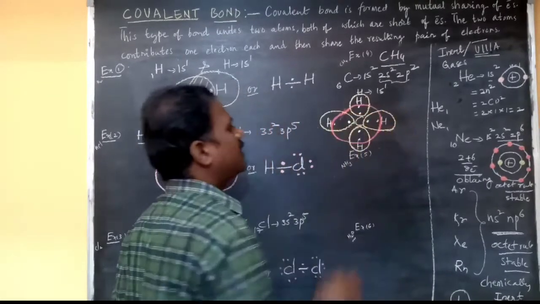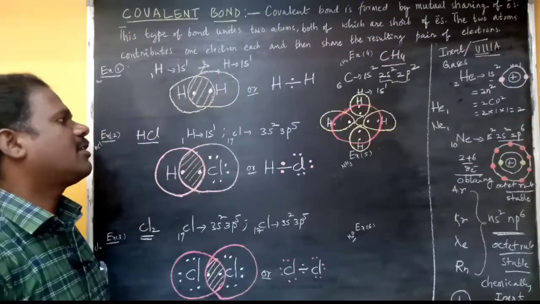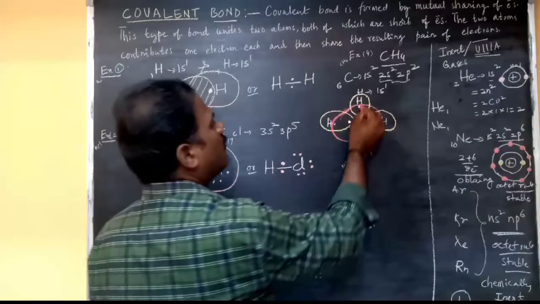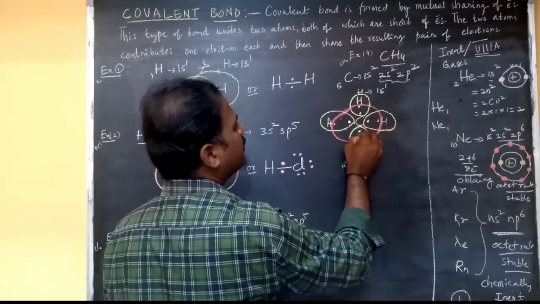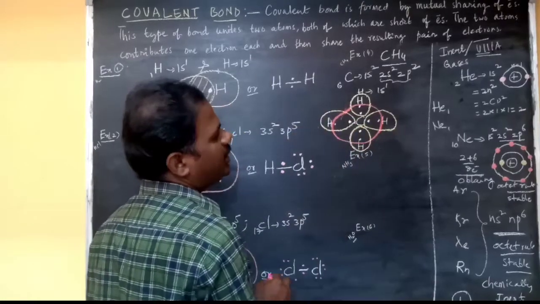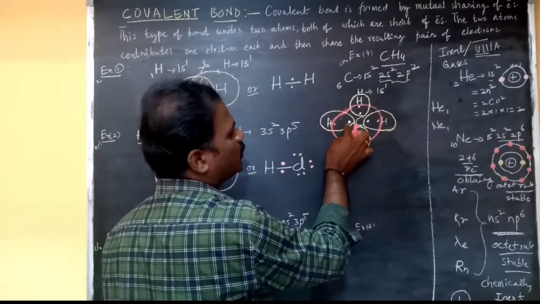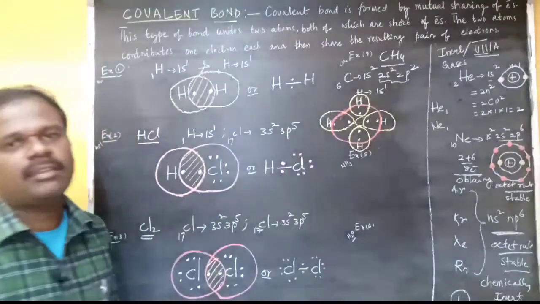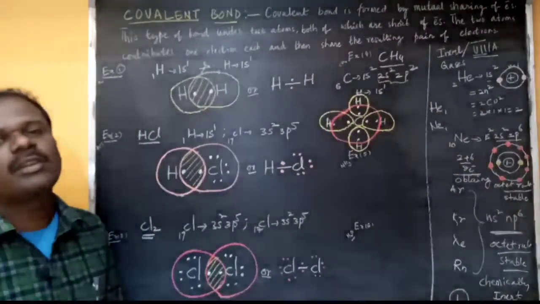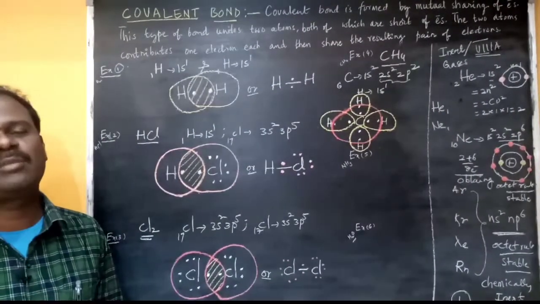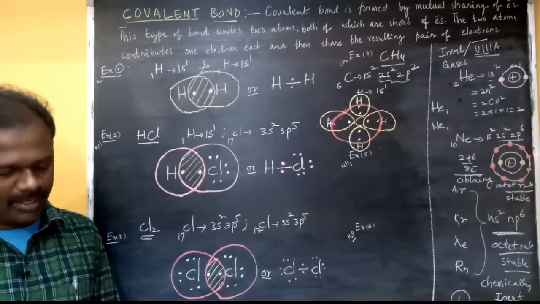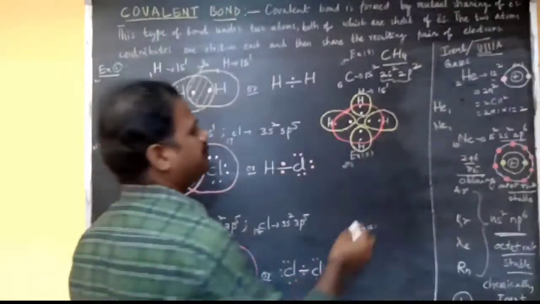So the total number of valence electrons around the carbon is 1, 2, 3, 4, 5, 6, 7, 8, and each hydrogen acquires 1, 2 electrons. That's why the methane molecule is stable. And then we go for ammonia.